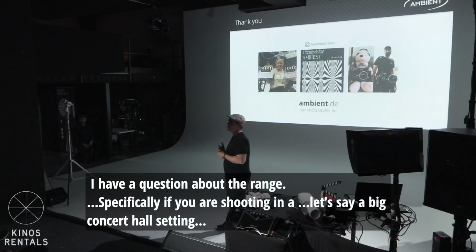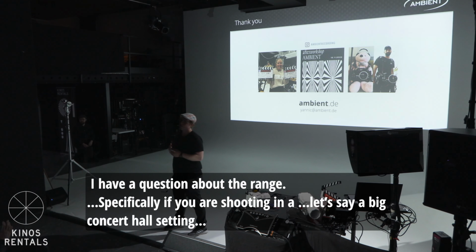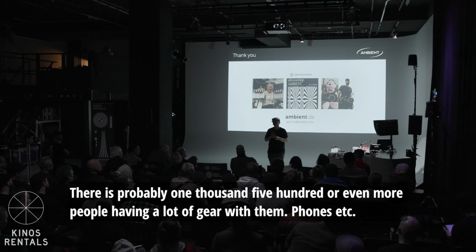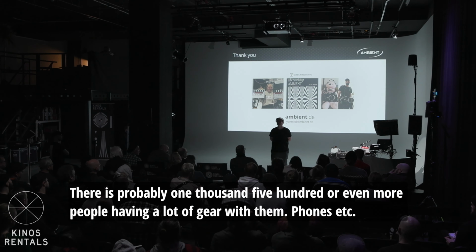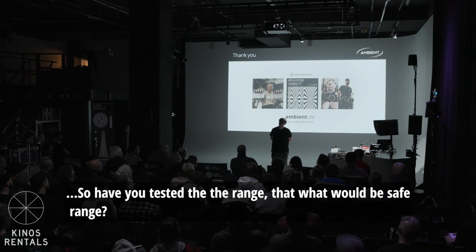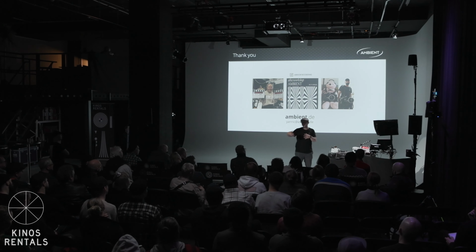I have a question about the range, especially if you are shooting, let's say, a big concert hall setting, but there's probably 1,500, even more people having a lot of gear with them, phones and so on. Have you tested the range? What would be a safe range? The safe range is, if you have clear sight, 200 meters, in rooms like 100 meters.